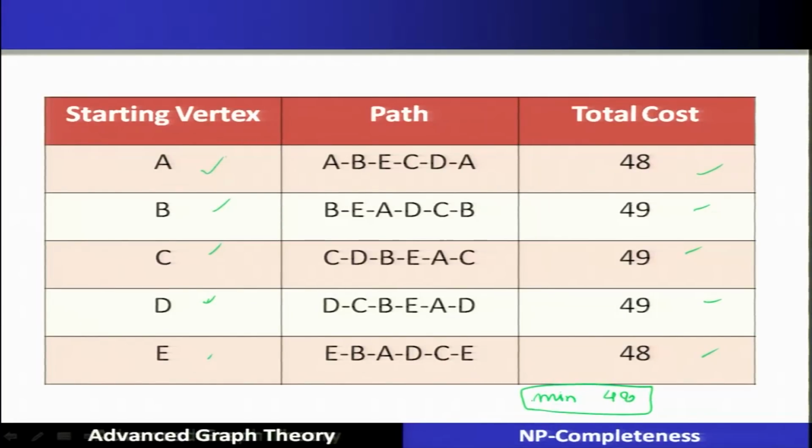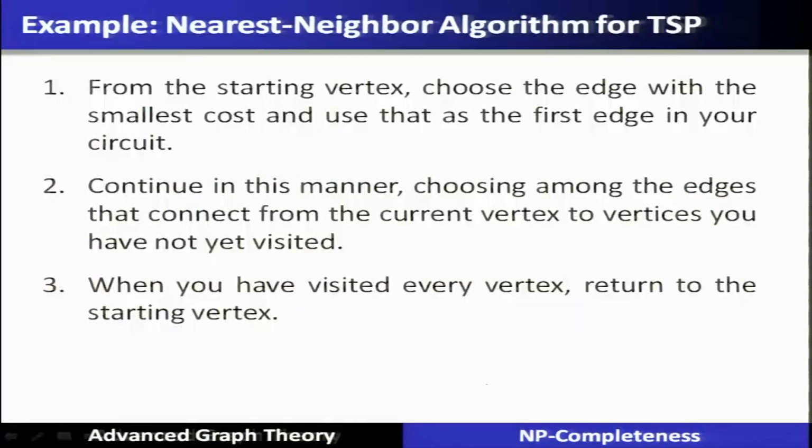So the minimum cost which we have obtained by the nearest neighbor heuristic is called an upper bound solution. That means the optimal solution is upper bounded by the nearest neighbor solution that we have obtained in this particular way.